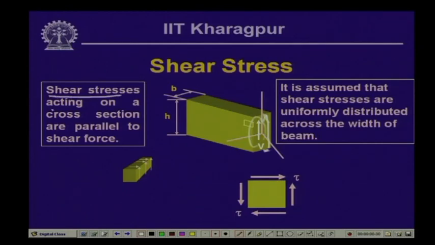The shear stresses acting on a cross section are parallel to the shear force acting in that particular section. Also, it is assumed that shear stresses are uniformly distributed across the width of the beam, and this is very important, that at any point along the depth the distribution of the shear stress along the width is uniform.